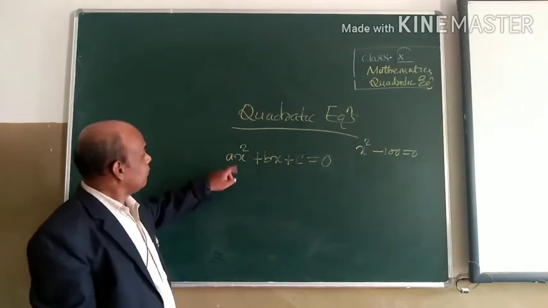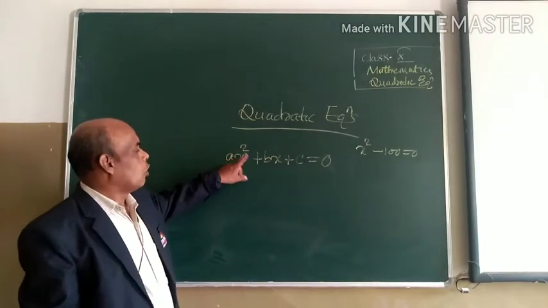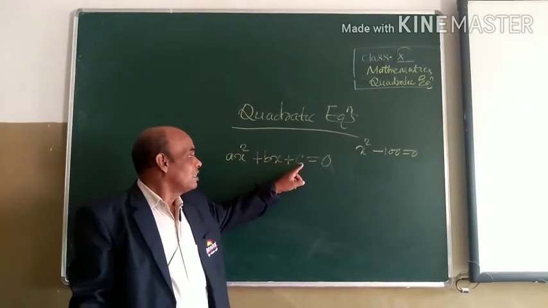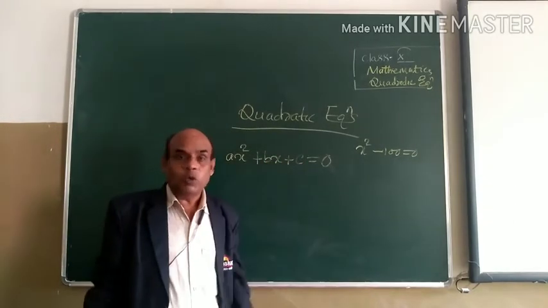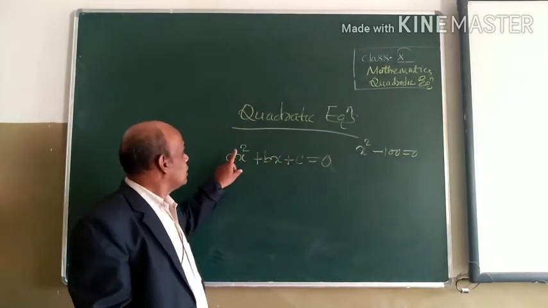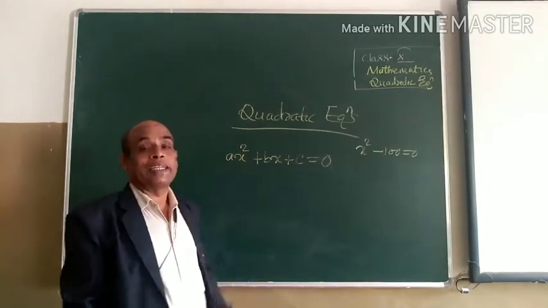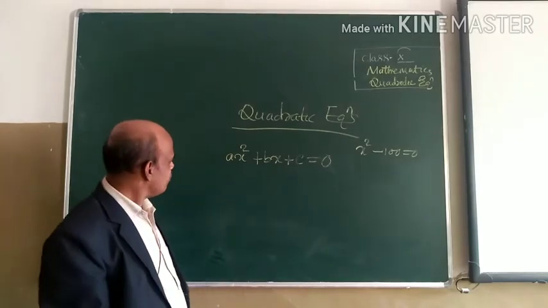Why? Because if here x power is 2, second x power should be 1 and third x power is 0. So we will say this is a quadratic equation in x because x power is 2.